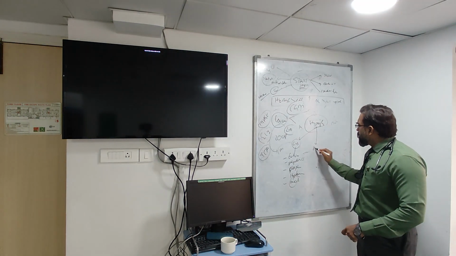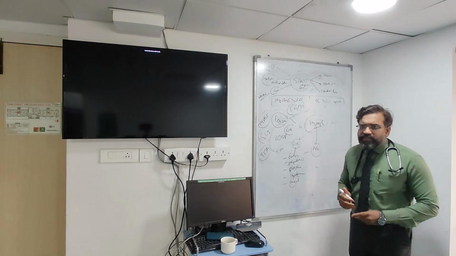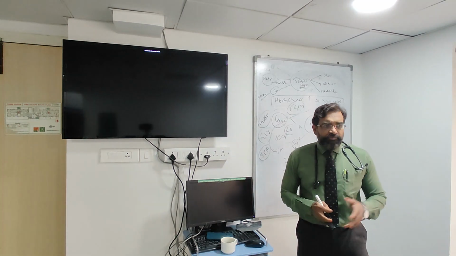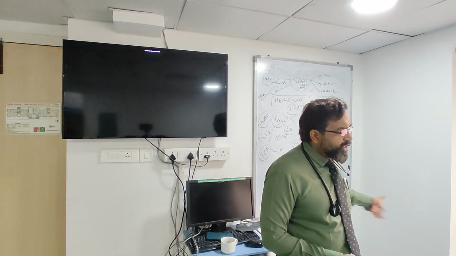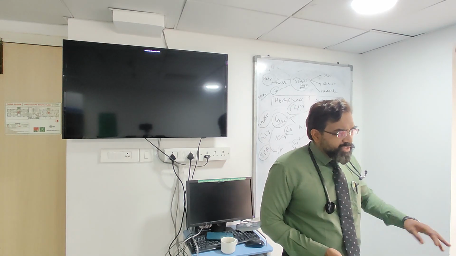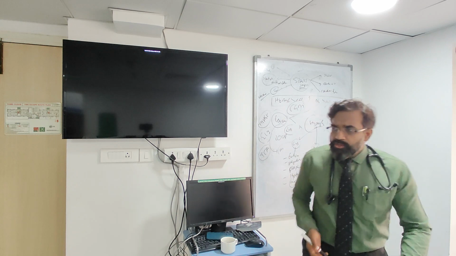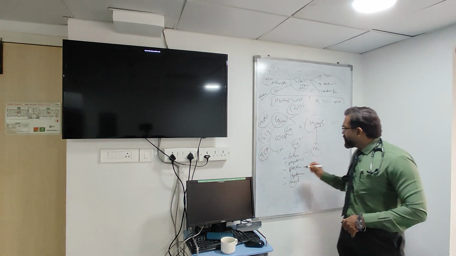Then you come to the neuroglycopenic features, which is a big problem for us in the intensive care unit, because you will not even realize that this is related to hypoglycemia, since there are too many confounding factors inside our ICU. So in the neuroglycopenic symptoms, what all will you have?